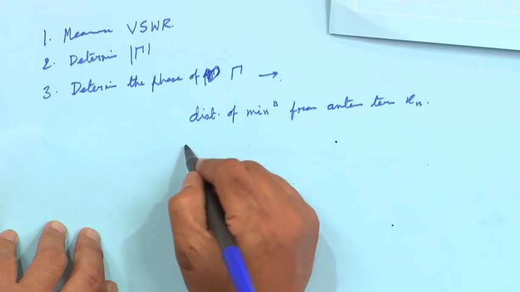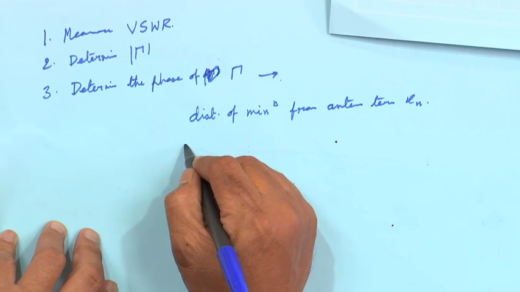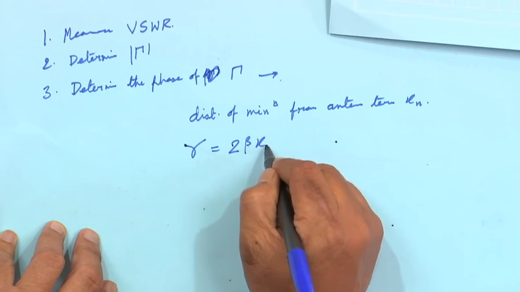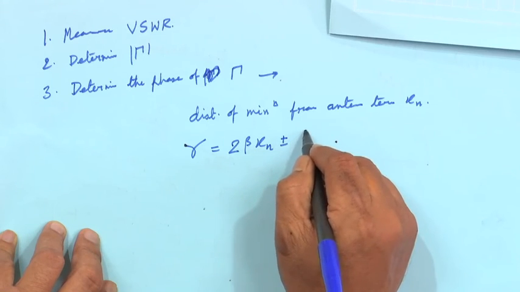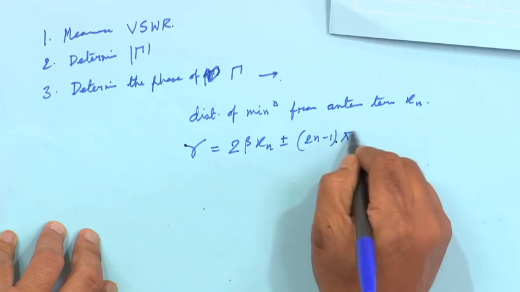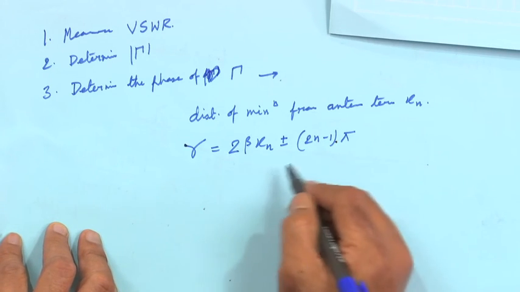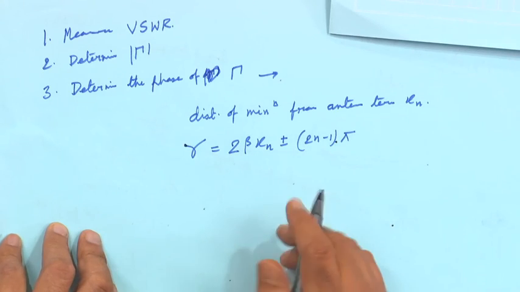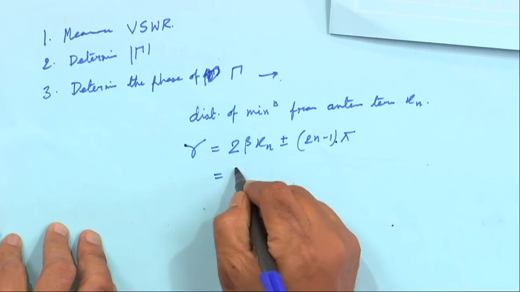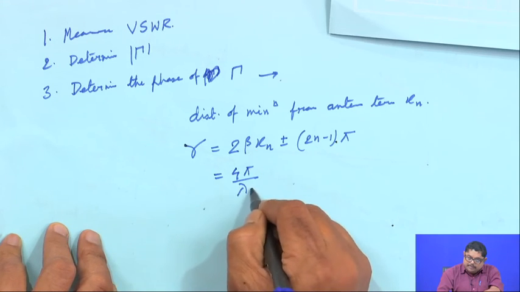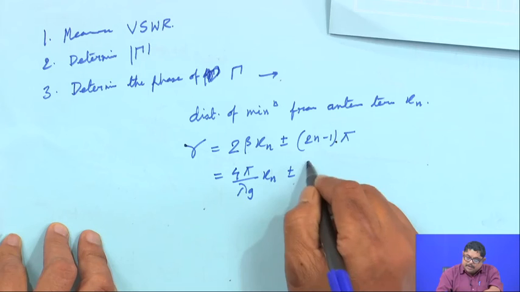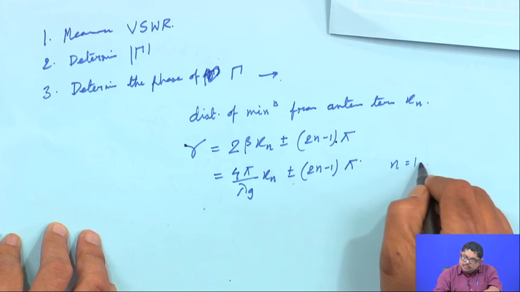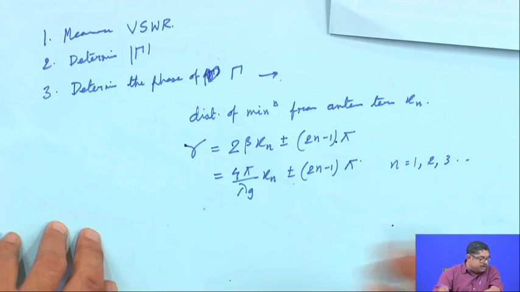Then we know that this gamma will be 2 beta x n plus minus (2n minus 1) pi, where I am assuming that I am finding the nth minima. So, this is nothing but 4 pi by lambda g times x n plus minus (2n minus 1) pi, where n is equal to 1, 2, 3 etcetera, whatever value we have taken.